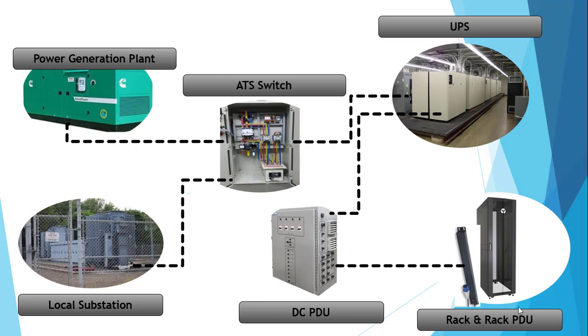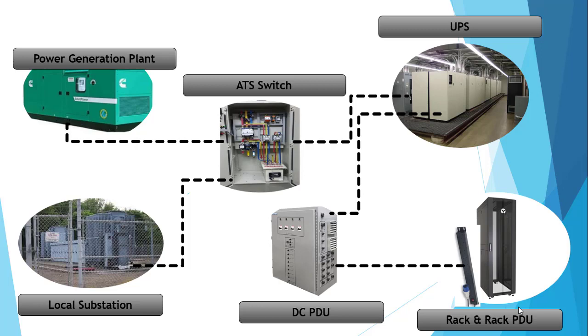Rack PDU is nothing but a power strip to which you can connect multiple servers. Rack PDUs can be connected vertically or horizontally. Rack PDUs come in many variants like 32 amperes, 16 amperes, 8-pin socket, 16-pin socket, European socket, Indian socket, and so on and so forth.